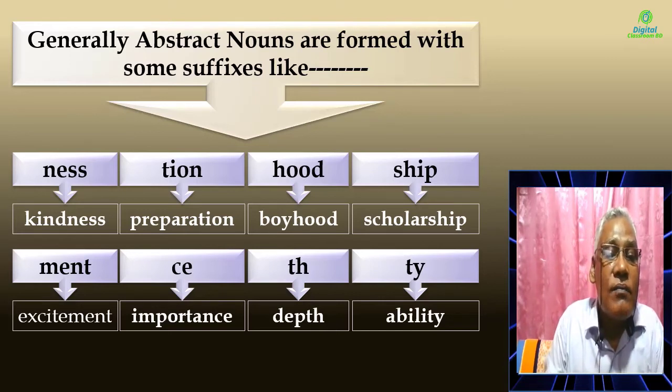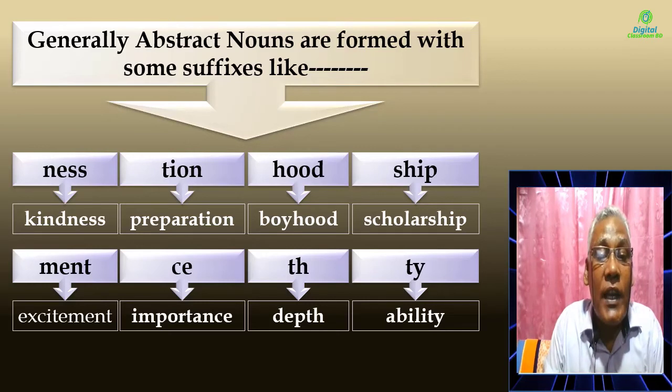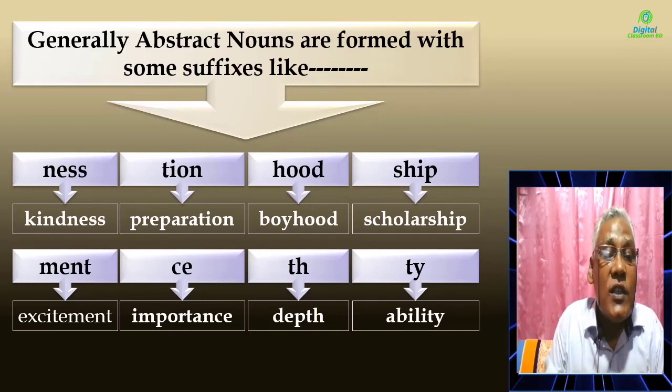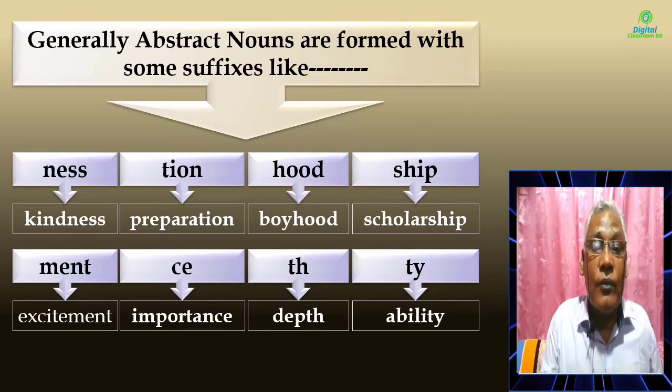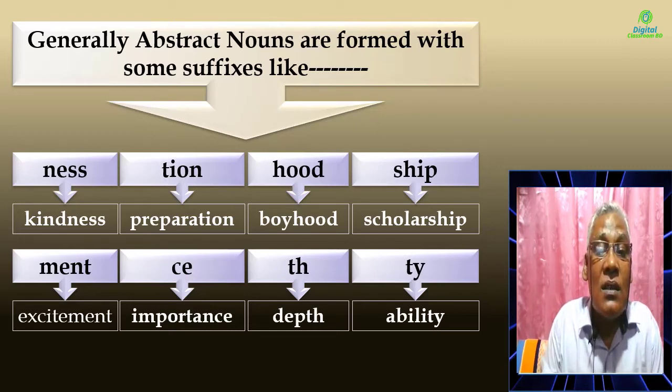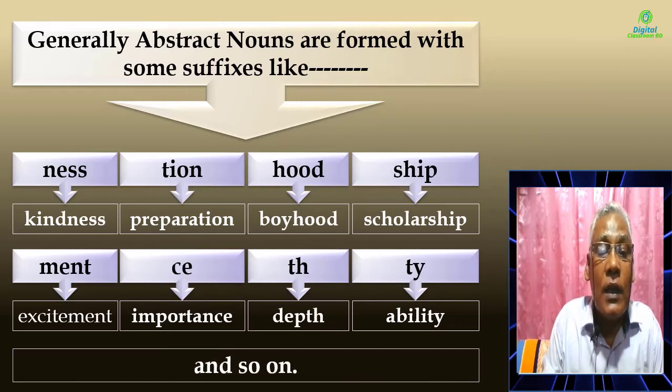The first one is kindness, then preparation, boyhood, scholarship, excitement, importance, depth, and ability. All are abstract nouns. So what is the technique? Have you got the technique? Generally, abstract nouns are formed with some suffixes. So you have to keep it in your memory: ness, tion, hood, ship, ment, ce, ty, and so on.